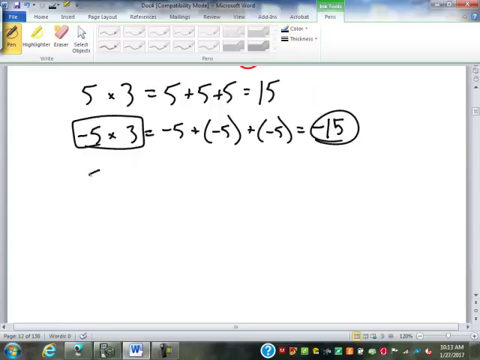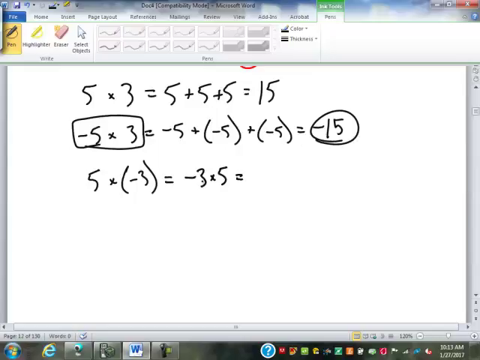However, what if it's 5 times a negative 3? Can I take 5 and add it together negative 3 times? That doesn't make any sense, does it? But in multiplication, as long as we're just multiplying two numbers, we can switch the order. It's called commutative. So I'm going to do negative 3 times 5.